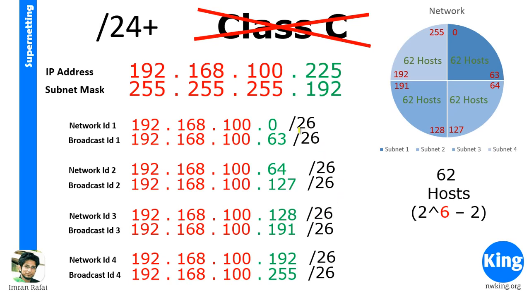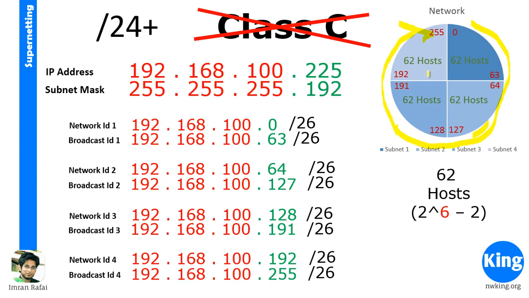Now we also know that 192.168.100.0/24, which is nothing but the class C network without subnetting, included all these IP addresses, right? So it started from here and it ended here. It included all these 256 IP addresses in 192.168.100.0/24.